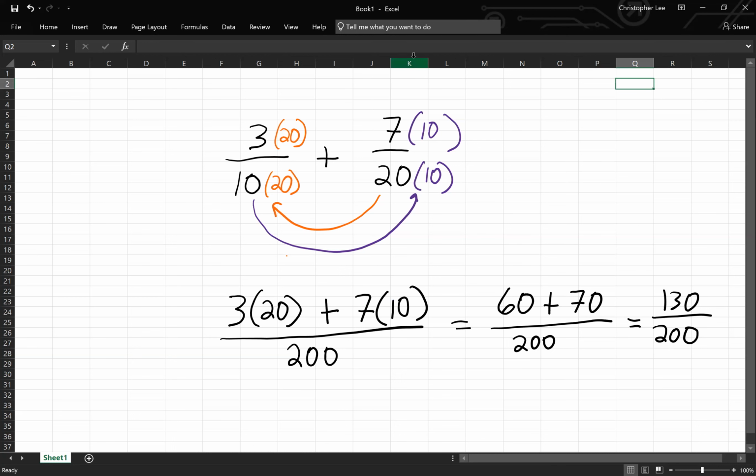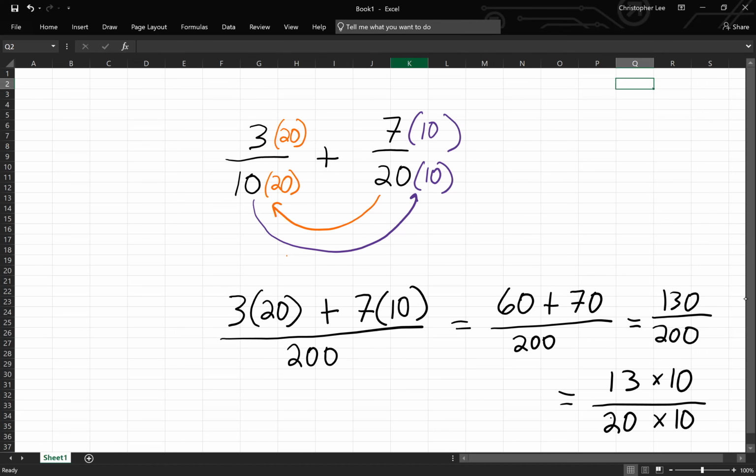You have to reduce the answer that you get. So I know that 10 goes into 130 13 times. Let me just illustrate that. And I know that 10 goes into 200 20 times. Let me illustrate that.